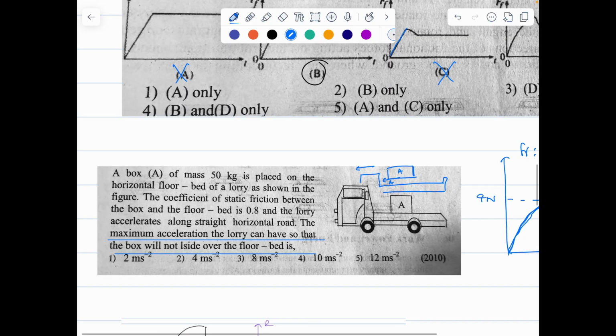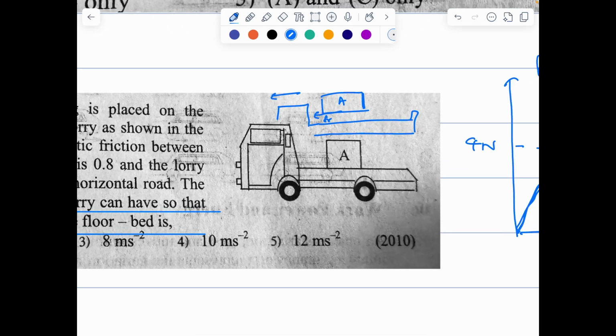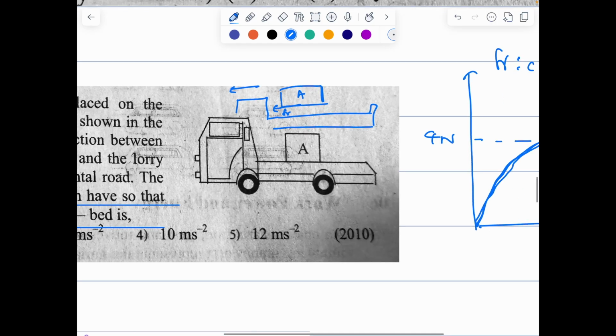So they're asking the maximum acceleration the lorry can have so that the box will not slide over the floor bed. Now suppose the lorry goes very fast, or rather accelerates a lot. Speed doesn't really matter, but a high acceleration for the lorry demands that the block also have a high acceleration in order to keep up with the lorry.